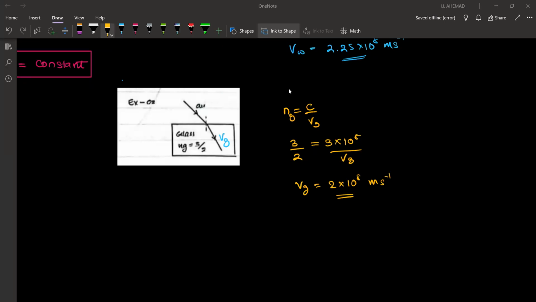It's 3 by 2 because the refractive index of glass is 1.5. Sorry if it was not clear.